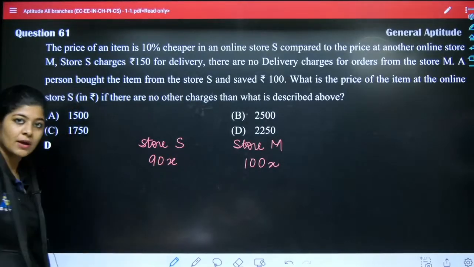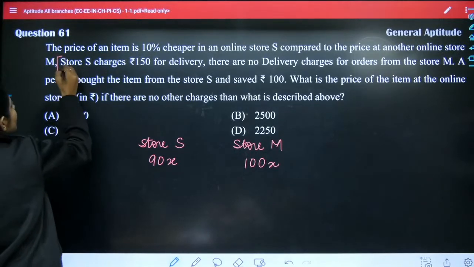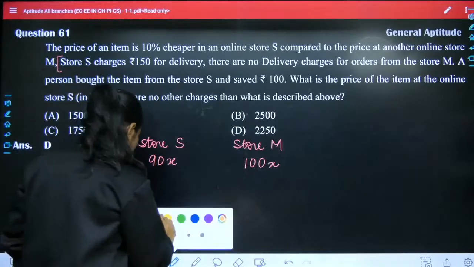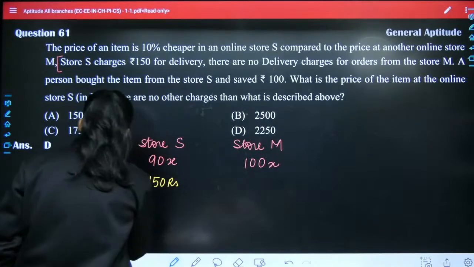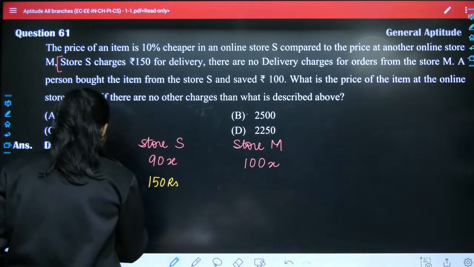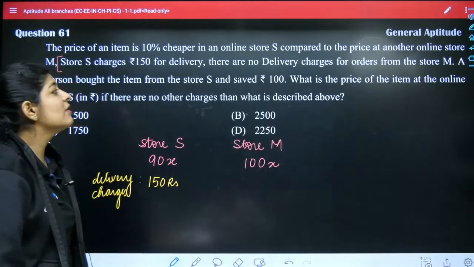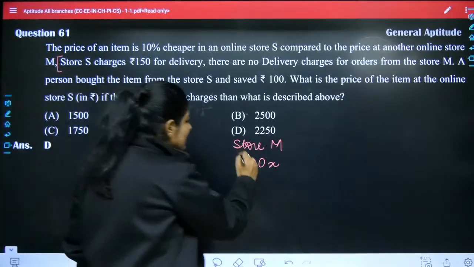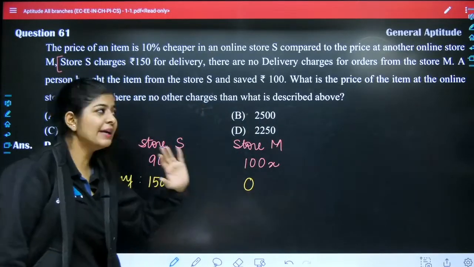10% cheaper. Now the additional information is that store S charges 150 rupees for delivery. There are no delivery charges for orders at M, so M is not taking any delivery charges, so we can write 0 over here, right?